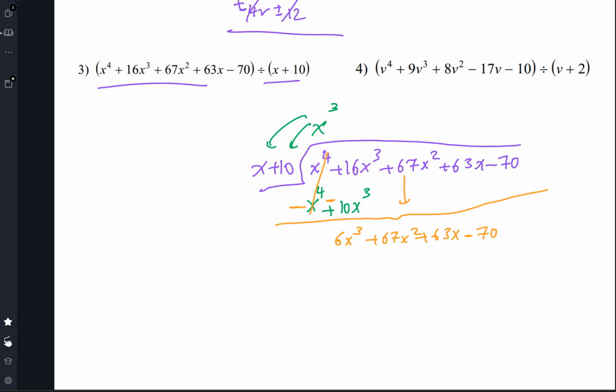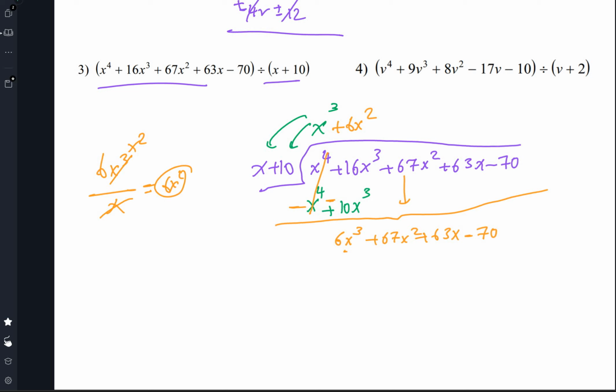Now divide first term again by first term. 6x power 3 divided by x equals 6x power 2. In chapter 1 lesson 4 we studied that x with x cancel each other, only x power 2 is left, so the final answer is 6x power 2.